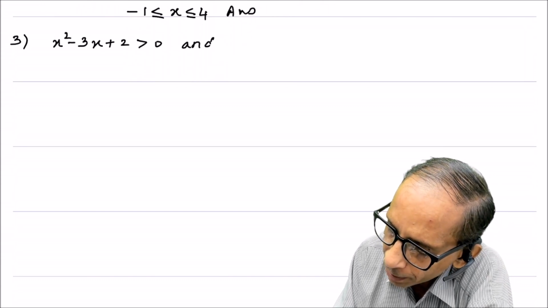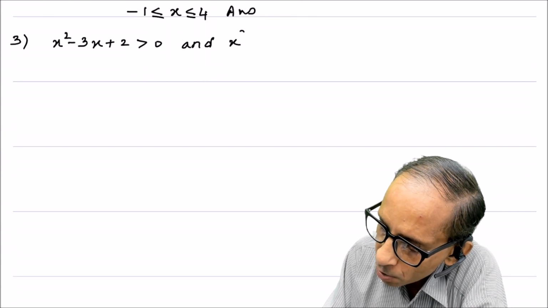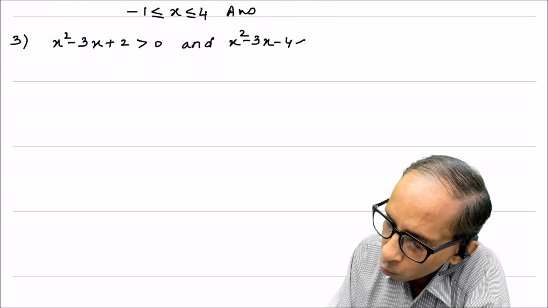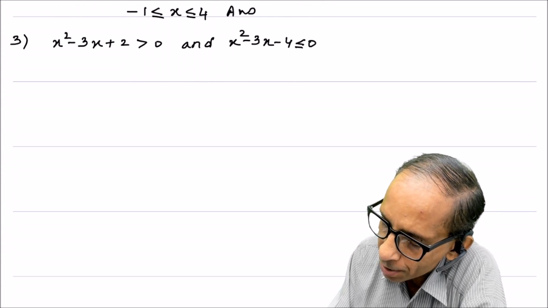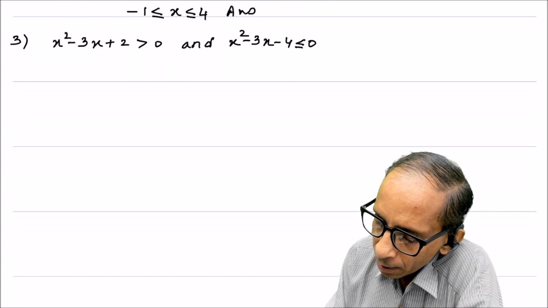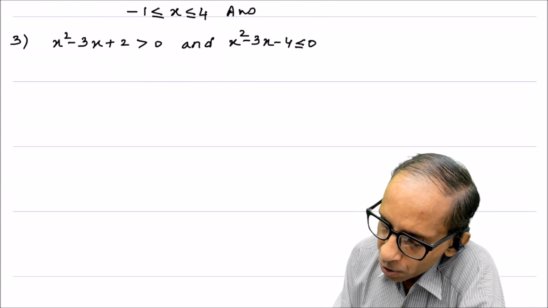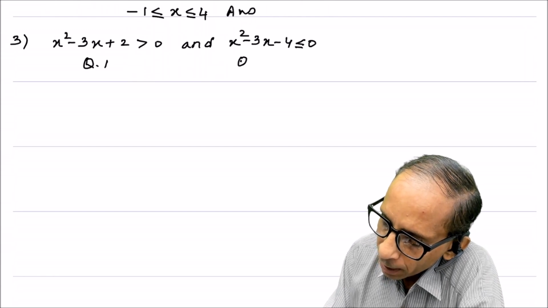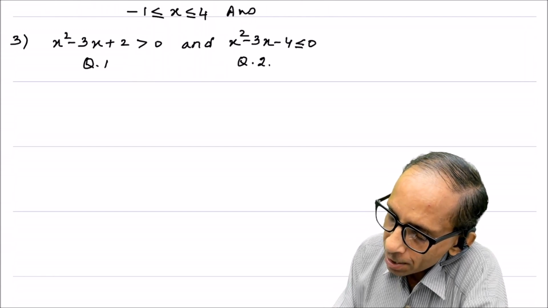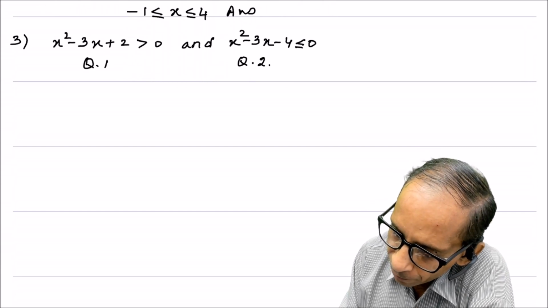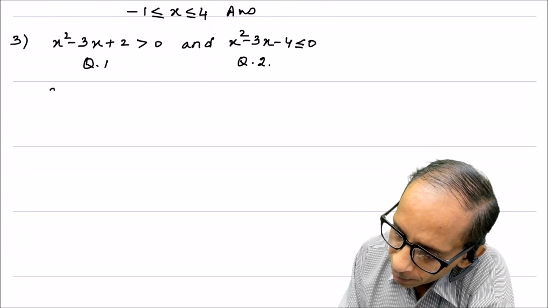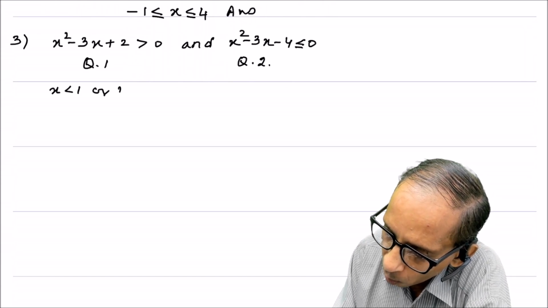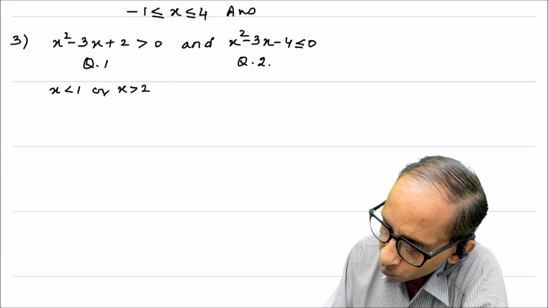We had illustrated the number line used for finding the solutions while deriving the four quadratic inequality solutions. We have here two inequalities. The first one was discussed a little before, and this was also discussed a little bit before. And what we found was this had the solution x less than 1 or x greater than 2.